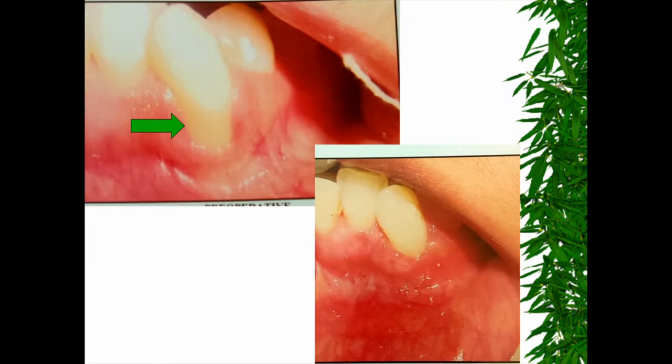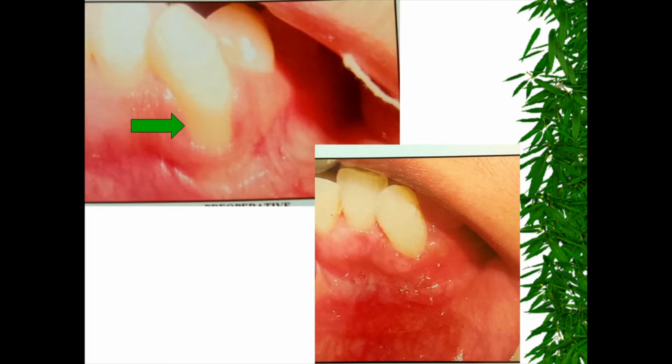Now let's have a comparison of the two pics. In the picture given above and the picture given below on the screen, the basic difference is that in the upper pic, more of the crown or tooth surface is visible, and in the same patient, the lower picture shows an adequate amount of tooth material.